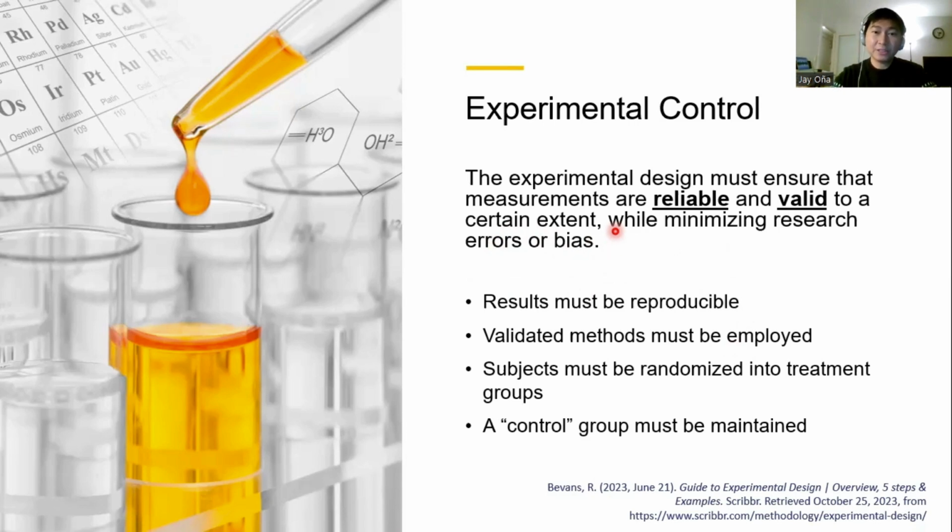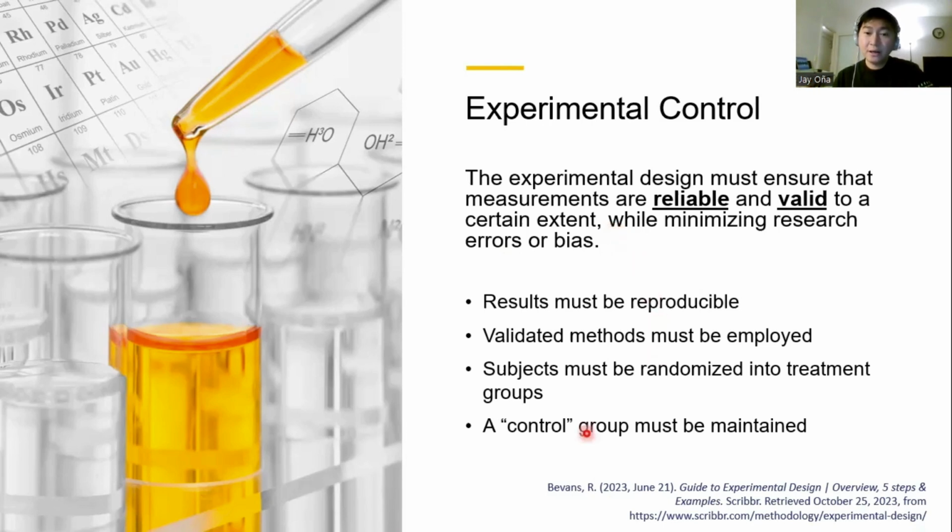Even for calibration, we also introduce bias. That's why even for, let's say, doing calibration plots or calibration experiments, we try to randomize also the order of concentrations when they are being tested.